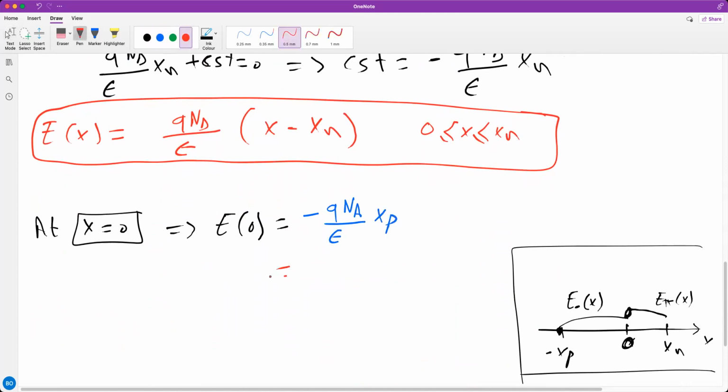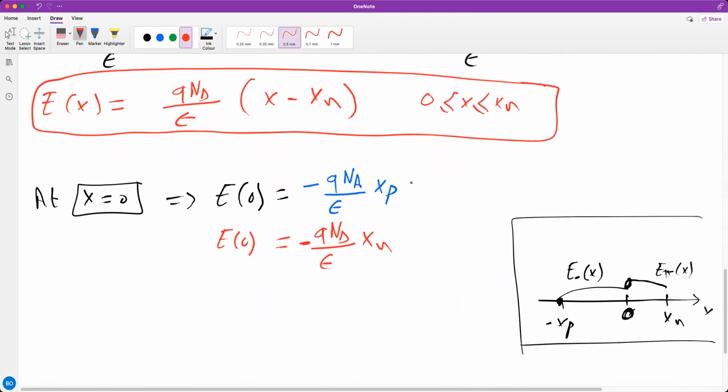And it is also equal to QND over epsilon times minus xn, because if I replace x by 0, it gives me minus xn. And this must be equal. So this gives me a very interesting equation, which is QNA xp over epsilon is equal to QND xn over epsilon.